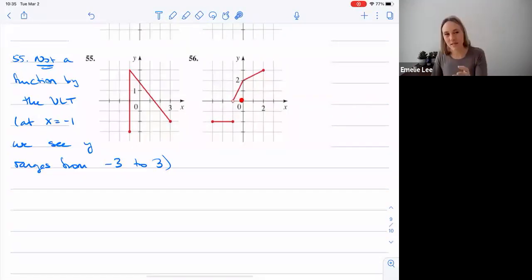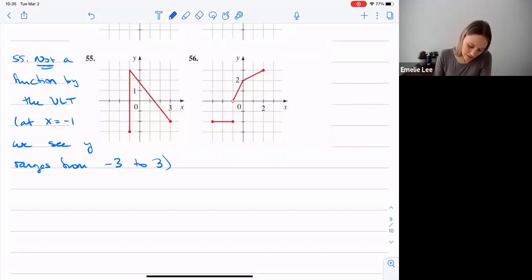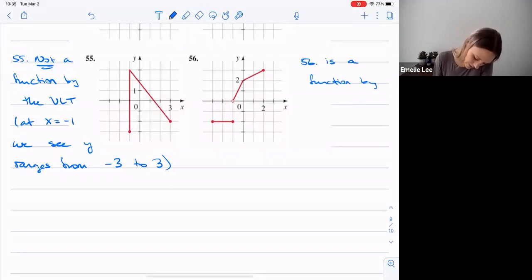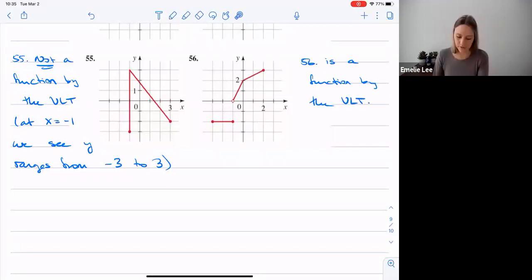Then it picks up, and I'm able to draw these vertical lines again, right? So this is a function. So 56 is a function by the vertical line test, right? There's only one output at x equals -1.